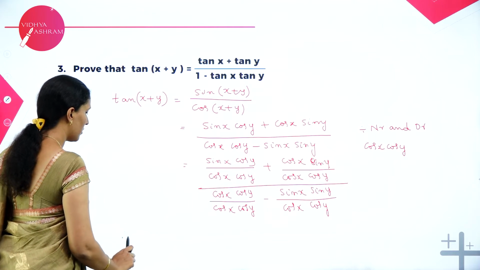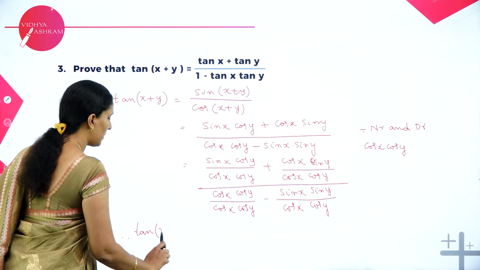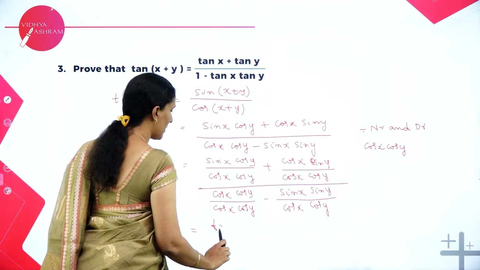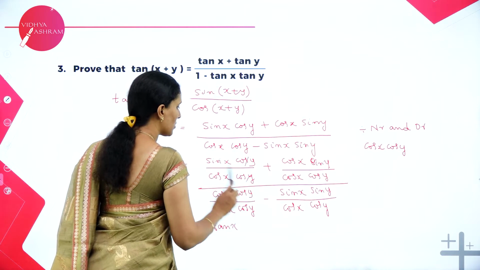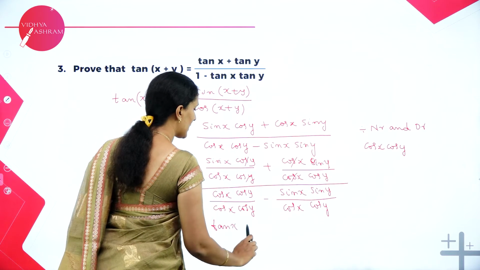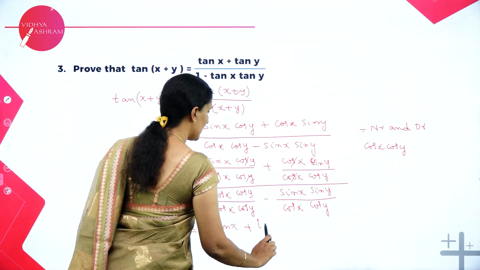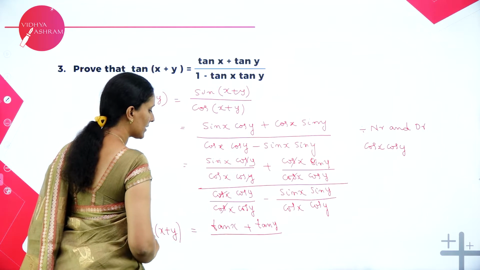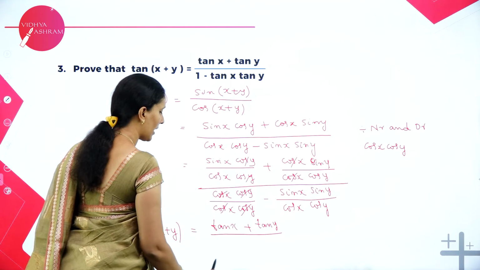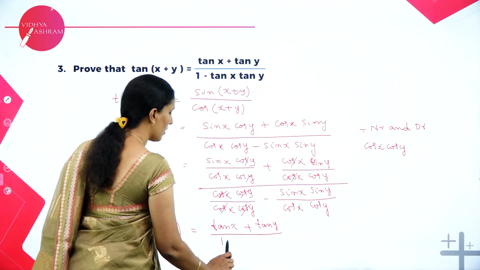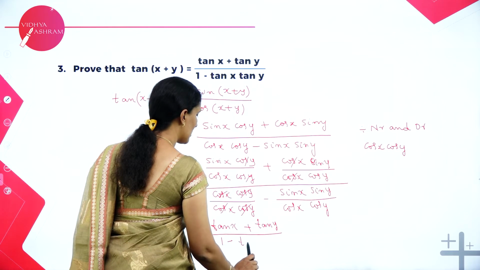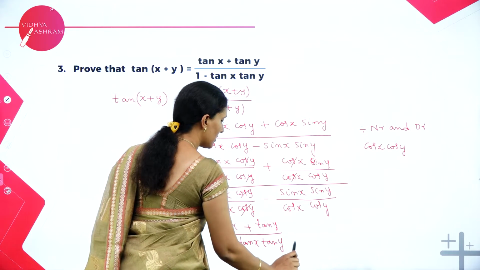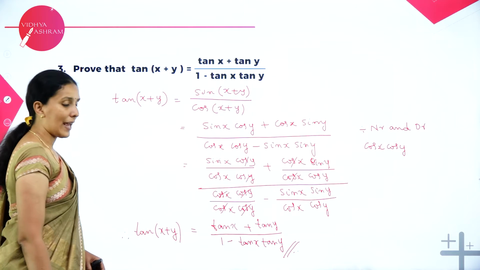So therefore, tan(x plus y) is equal to sin by cos becomes tan here, cos y cancels, cos x cancels, sin by cos is tan y, whole divided by cos x cancels, cos y cancels. So here you will get 1 minus sin by cos is tan x, again sin by cos is tan y. So this is the identity of tan(x plus y).